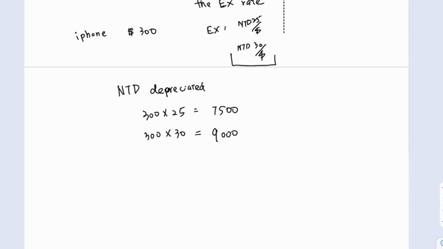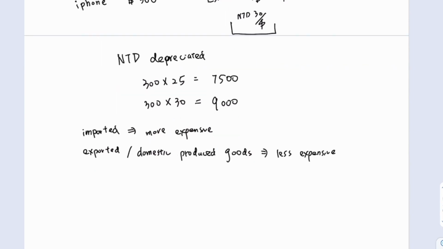So we claim that when a country's currency experiences a decrease in value, it is called depreciation under the floating exchange rate regime, and devaluation under the fixed exchange rate regime. We say that imported goods become more expensive and exports become cheaper. It also means that domestically produced goods become less expensive.